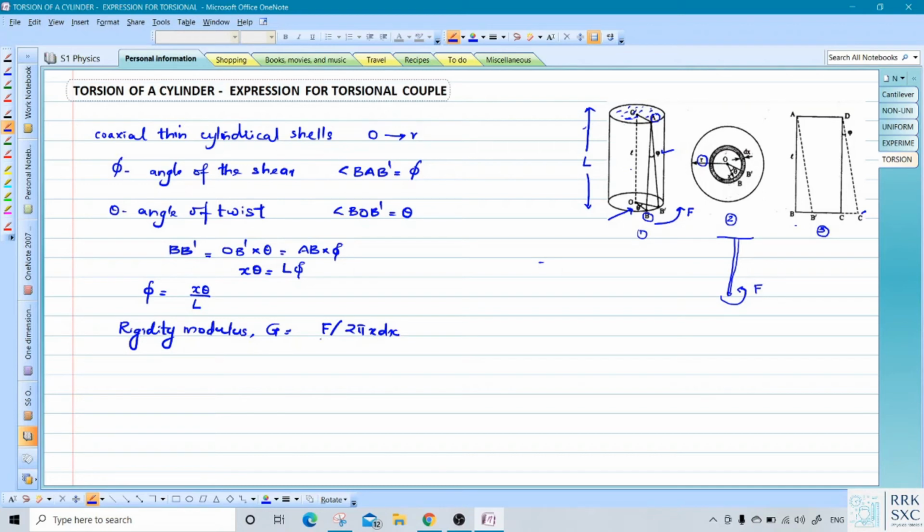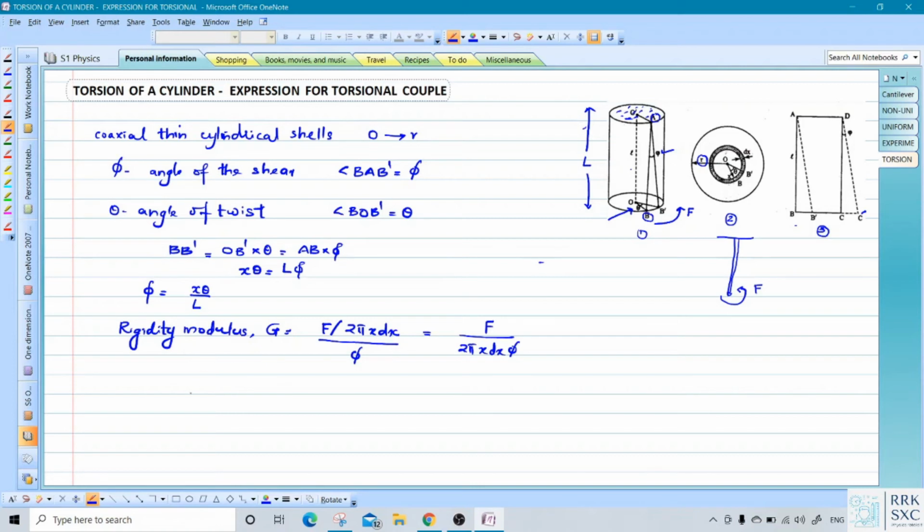Then that divided by, what is the strain here? Strain is nothing but phi, the shearing strain, phi. So this will be equal to F divided by 2 pi x dx phi.